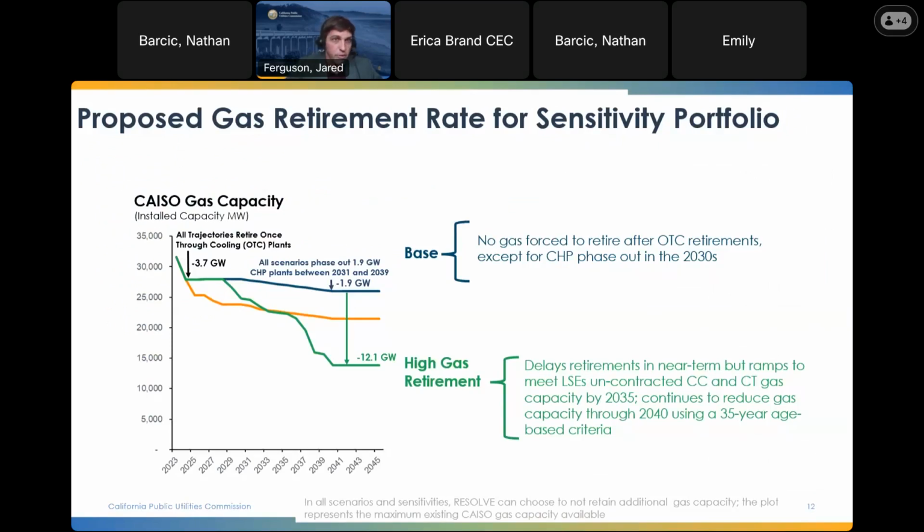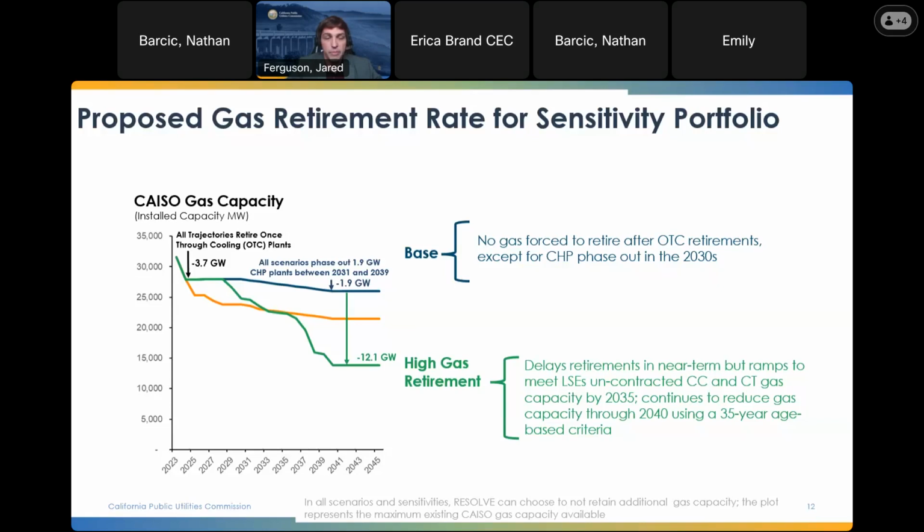Now I'm going to go through a similar summary about the proposed sensitivity for this year's TPP, and the proposed sensitivity here is the high gas retirement case. This chart shows the amount of gas retirements that are occurring in the sensitivity.